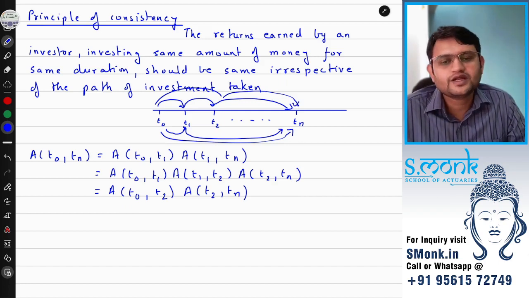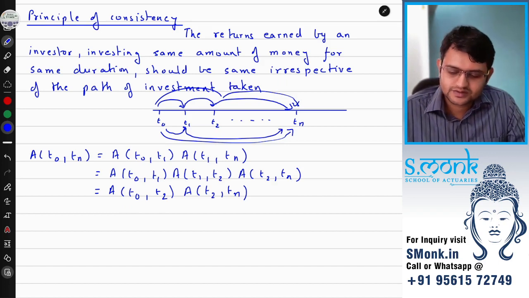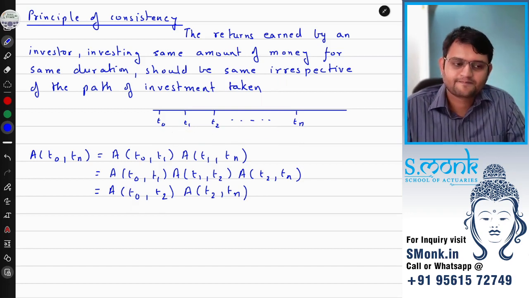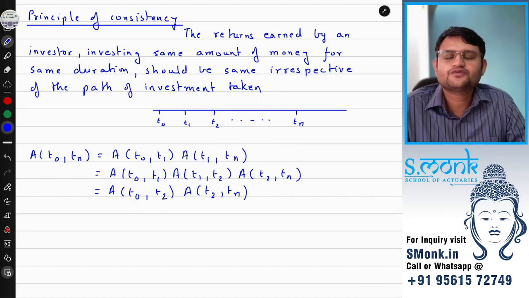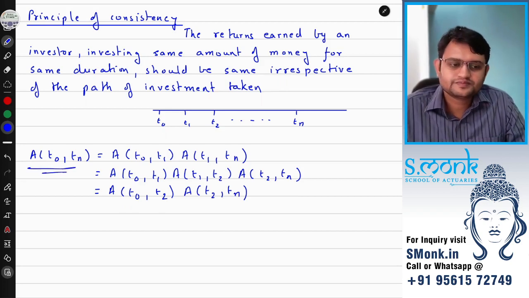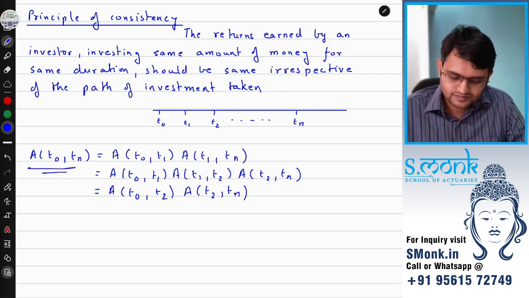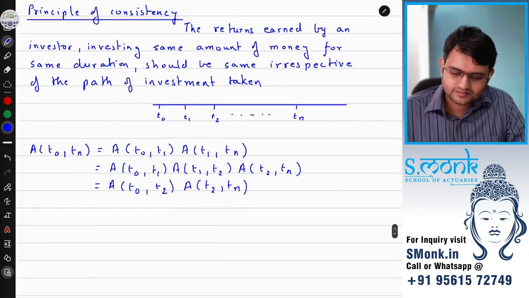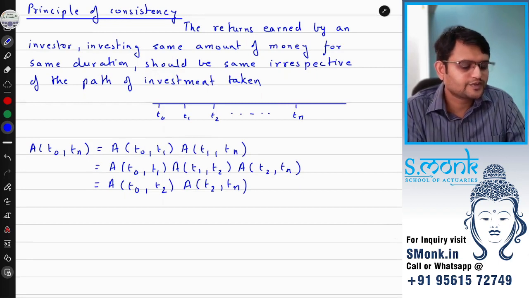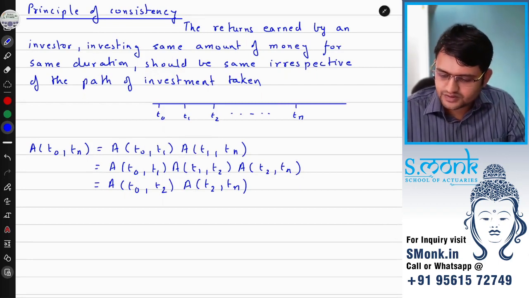Any path that we take should give us the same returns, because we are investing for exactly n years, and here we are assuming the investment is 1 rupee. That is what our principle of consistency says.